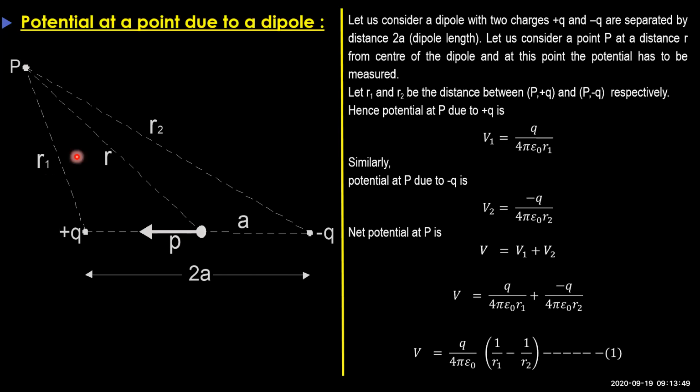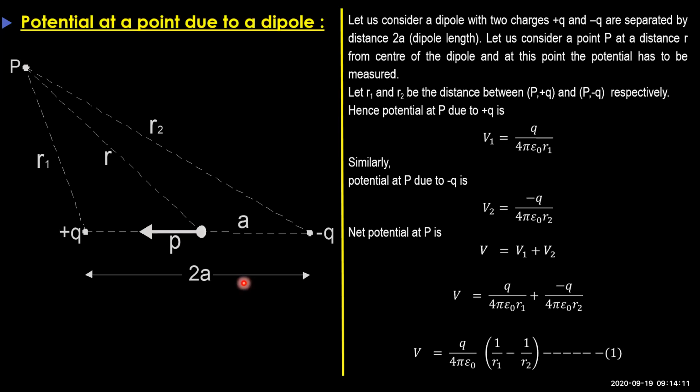Let R1 and R2 be the distances between the point P and plus Q charge, and point P and minus Q charge respectively.